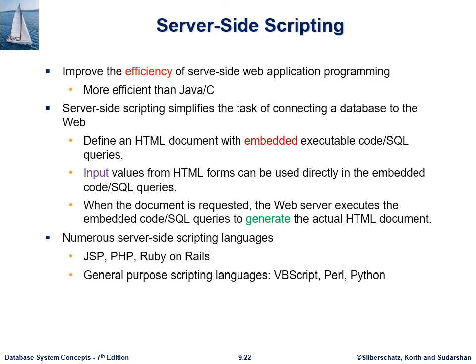For example, here we want to perform some tasks related to database queries. We can put the SQL or related things into the HTML code directly. Later we'll talk about some examples, like JSP. You can accept input from the request, extract the input, and run the SQL query.